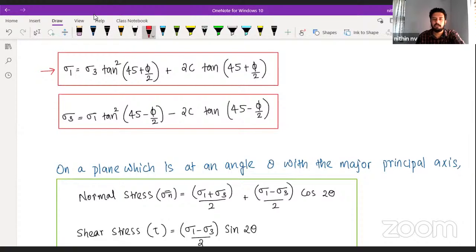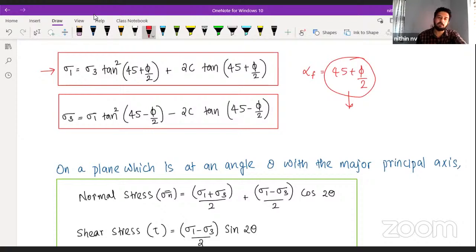Sometimes instead you can see theta f, which is the angle the failure plane makes with the major principal plane. Theta f is equal to 45 plus phi by 2. Just note this down, those who don't know. This is the angle the failure plane makes with the major principal plane.